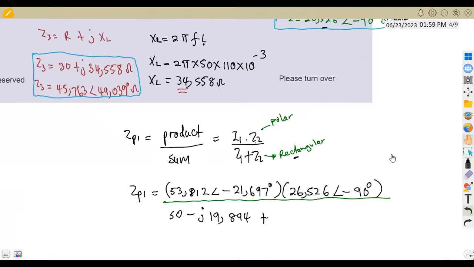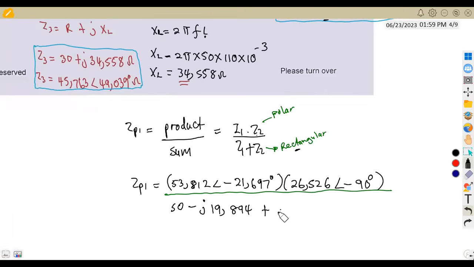You can just write 0, no problem, or write 0 minus J26.526. All right, so this is what you're going to have.